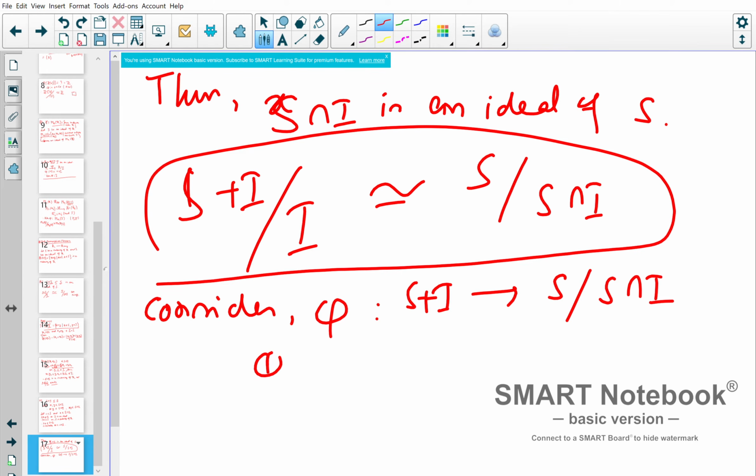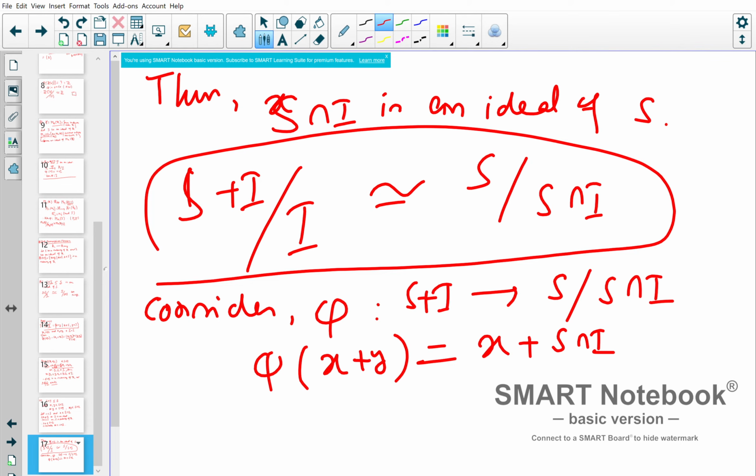So what is the map? You're sending an element, say x plus y, to where? You're sending it to the quotient ring, whose elements are cosets, right? So this is x plus S intersection I. Okay, so this is the natural map. Clear? You take an element and you send it to this.